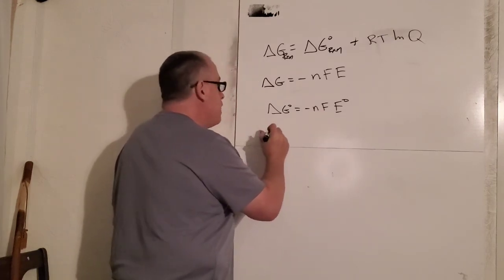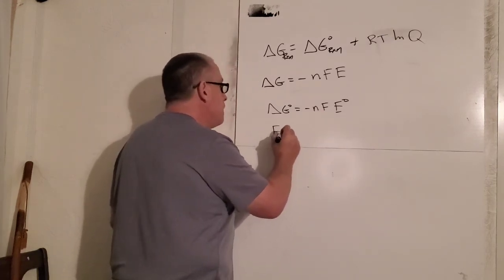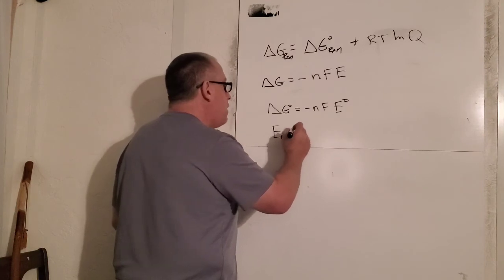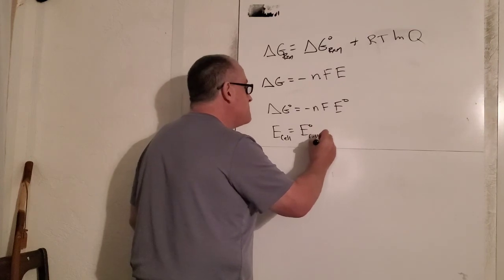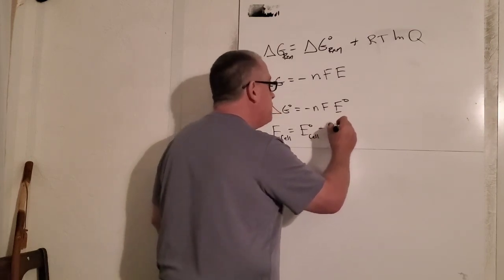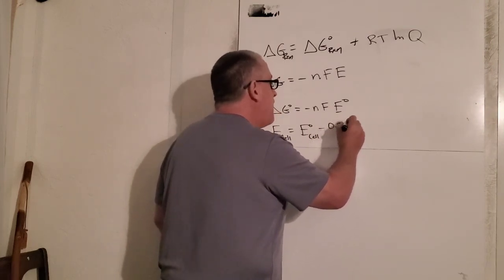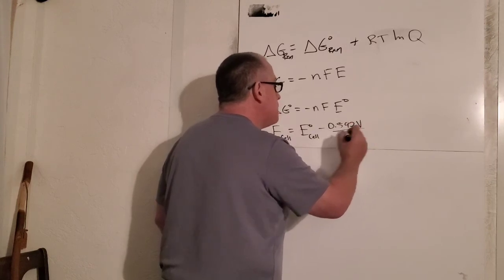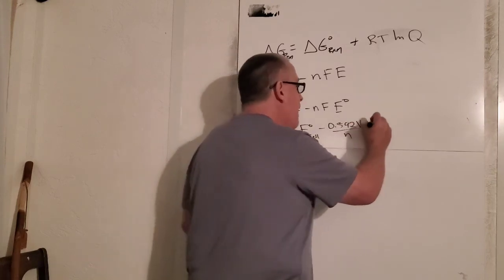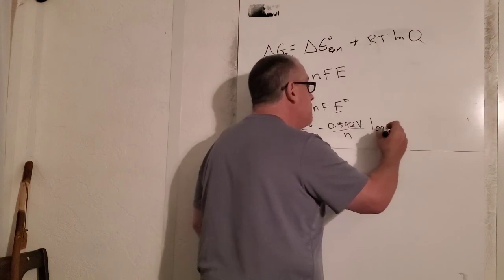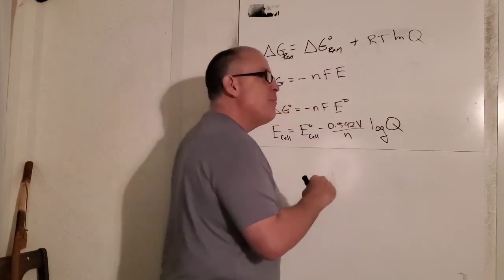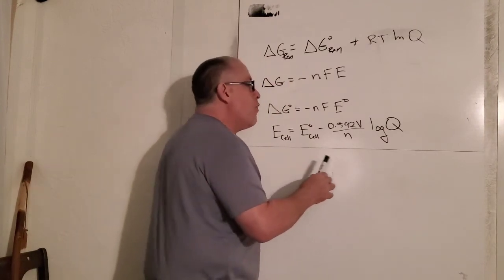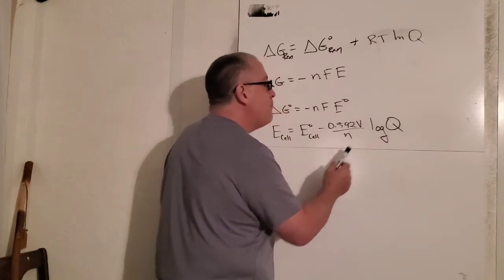We're going to end up with E of an electrochemical cell is equal to E naught of an electrochemical cell minus 0.592 volts over N log Q. I hope I remember the 0.592 volts over N log Q, and that's the base 10 log.